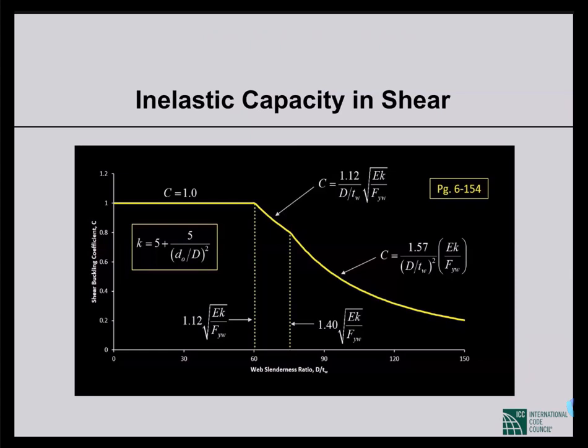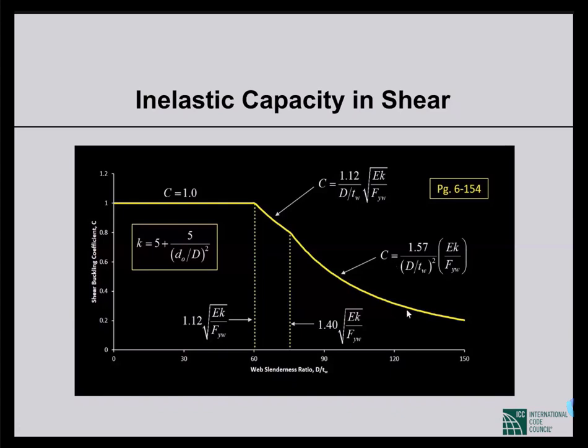Now, as I've said, this is the same story. These are the limiting web slenderness ratios, which define whether we'll have elastic buckling, in that case the Cv. The formulas look a little bit different, but the concept is the same. Cv is 1 at the top, you see. So when Cv is equal to 1, that means you get the complete plastic capacity. And the other values are reduction factors, what percentage of the plastic capacity you reach.